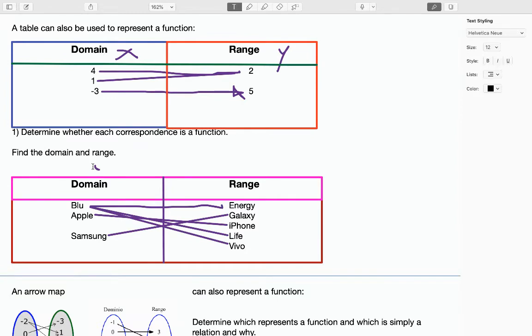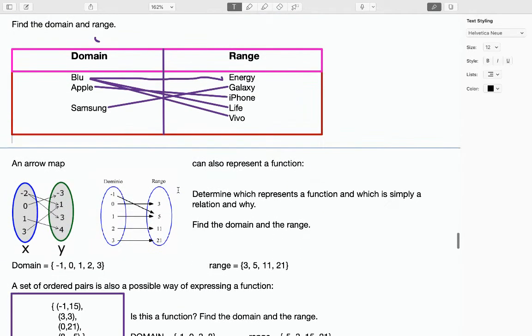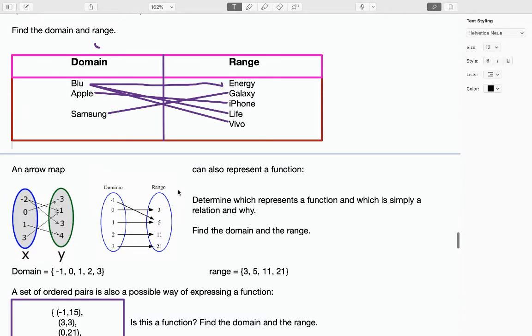So, you see, the one above is a function because each input only has one output. But the second one is not a function because one input has multiple outputs. Like with blue, I don't know if you see that the same as blue, it's just blue.